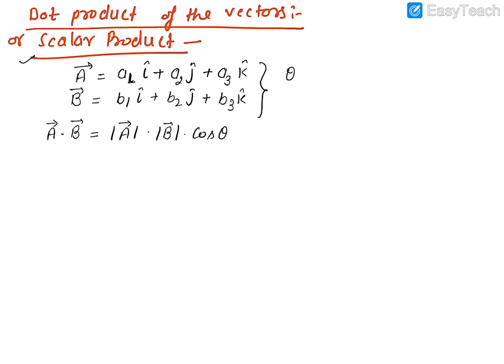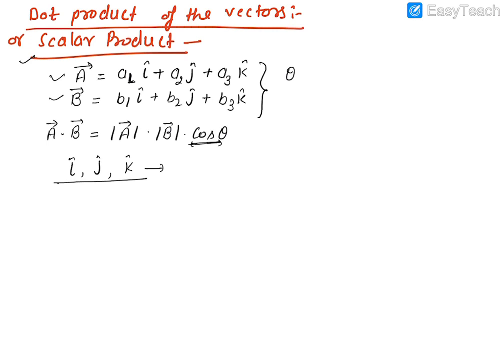Now suppose we don't know the angle between these two vectors and we know only this information, then how do we proceed? For that we have to know the relation between dot products of our unit vectors i cap, j cap and k cap.